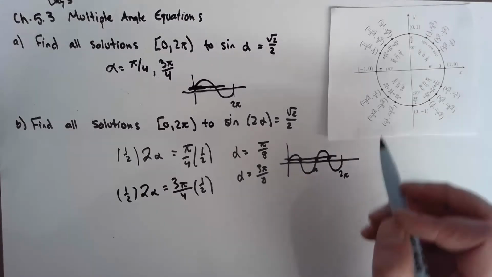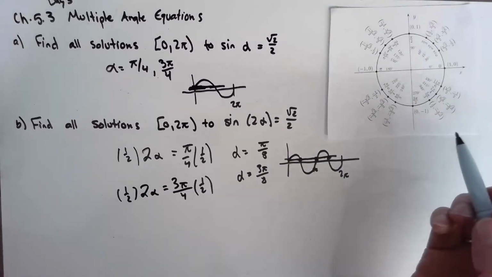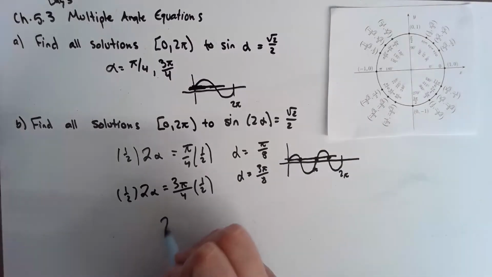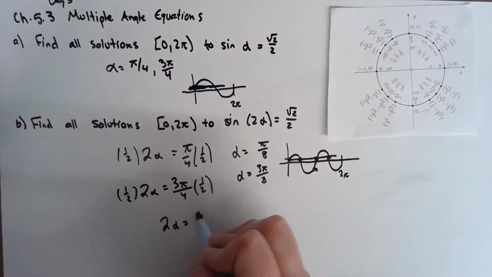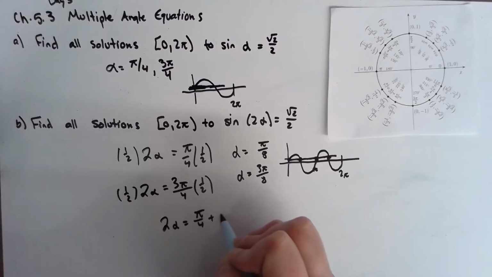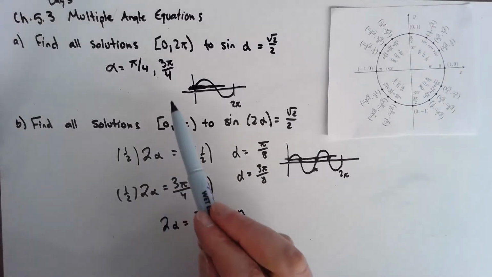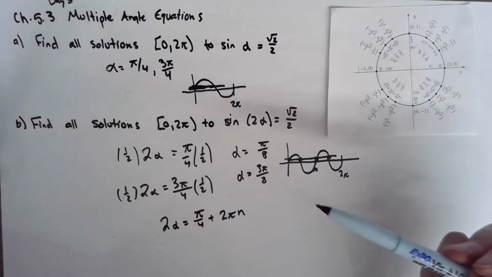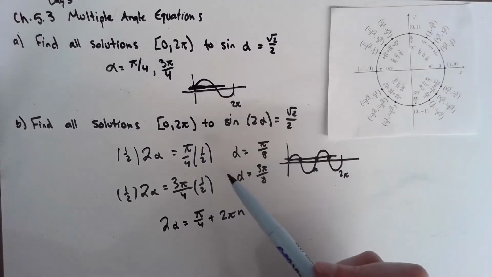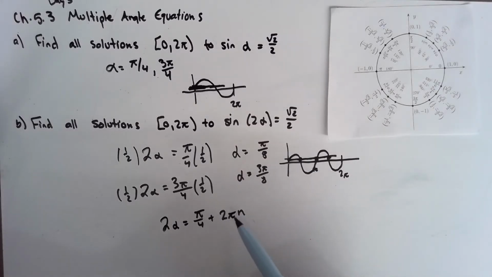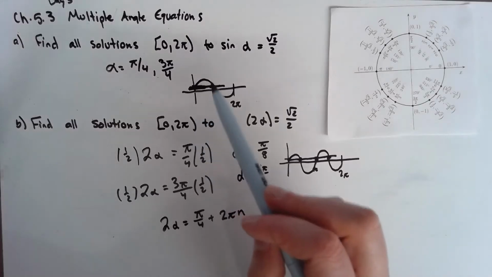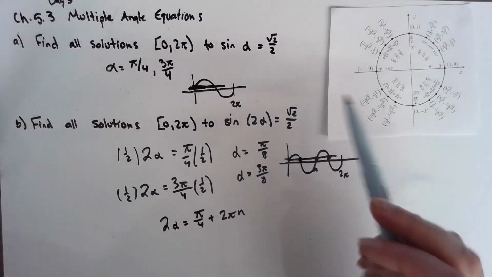So we're going to back up a bit. We're going to say 2 alpha equals pi fourths plus 2 pi n. Normally I could get all of my solutions, if it's not in a given interval, by adding 2 pi n because of that repeating pattern over and over again.